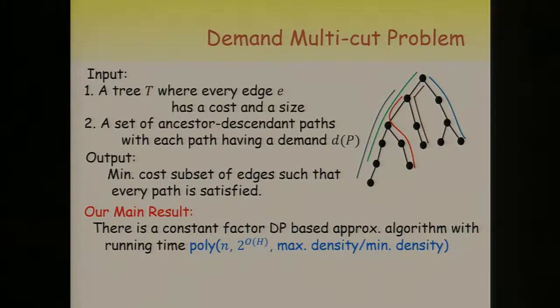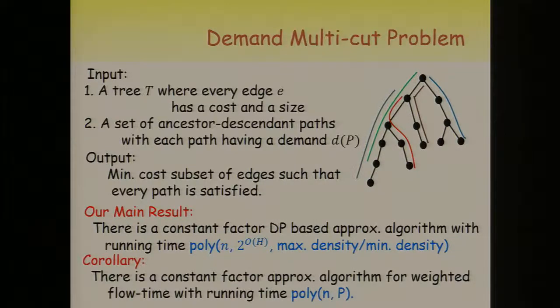Density is basically the ratio of cost and size. For us, it so happens that 2 to the h is exactly the quantity P, so it becomes polynomial in n and P. Essentially our algorithm is a DP based algorithm which is polynomial in n and exponential in the height of the tree. It is an open problem to come up with a true constant factor here. We don't know how to do that.